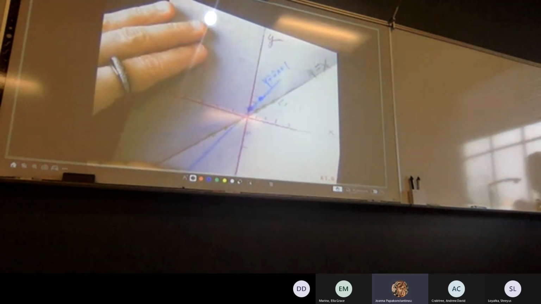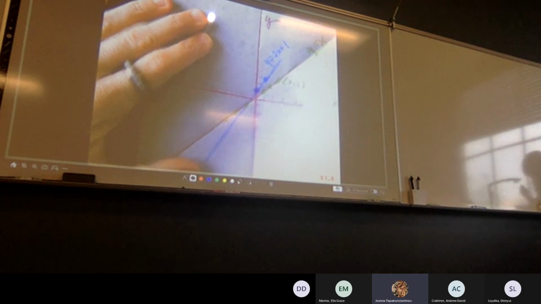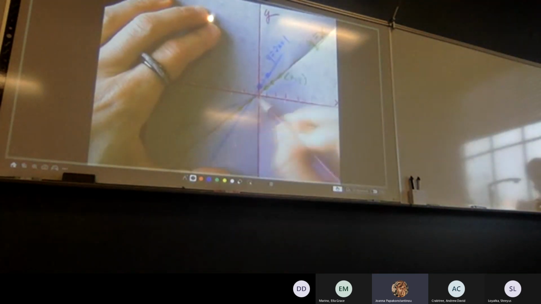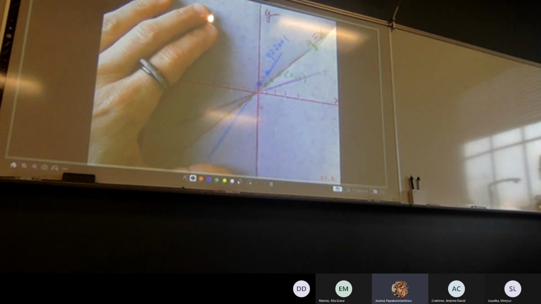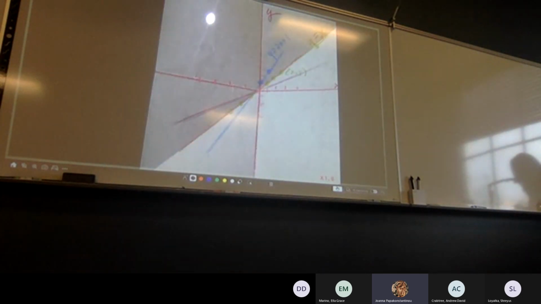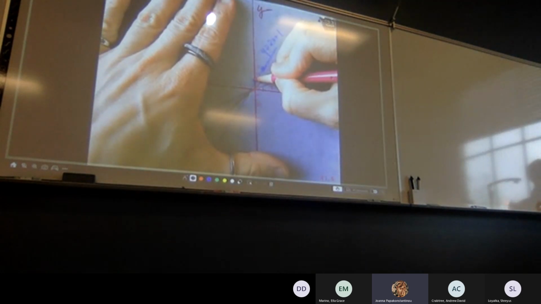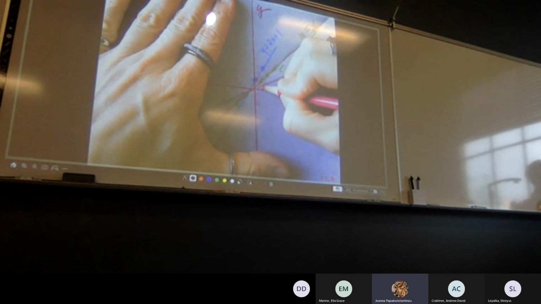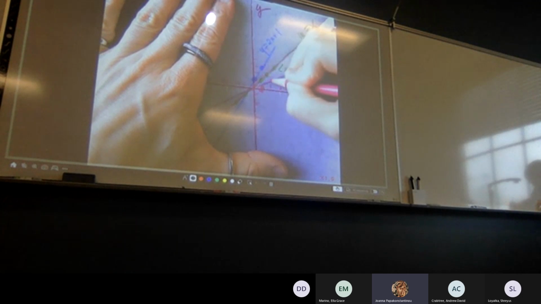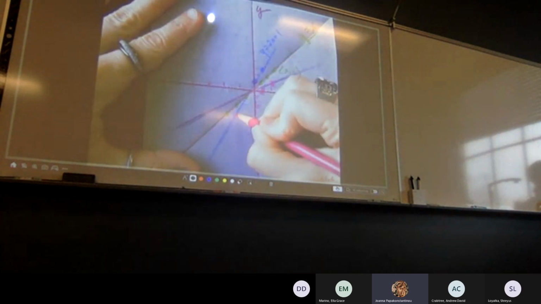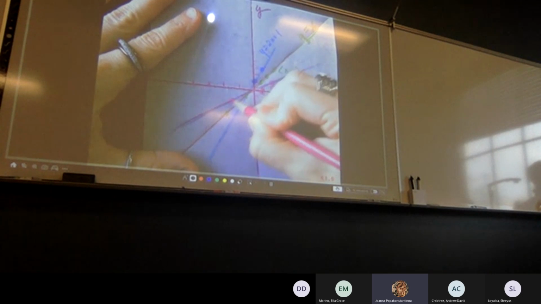So if I fold along the line y equals x, I have this line. Is that not the reflection? All I've done is take this point, reflect it across this line, and it moves here.